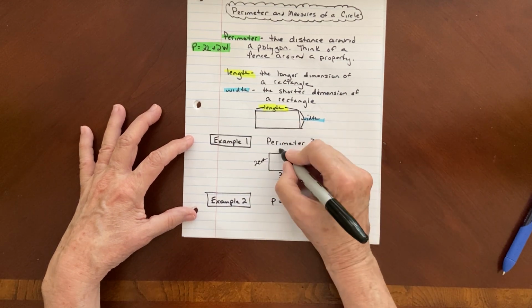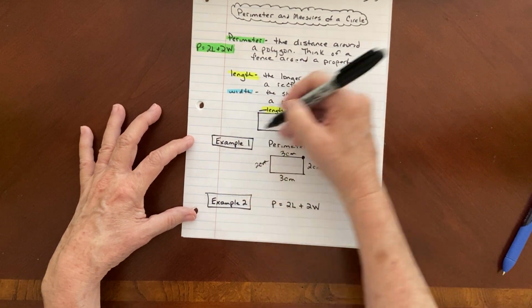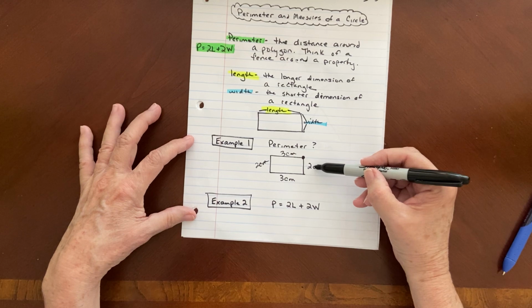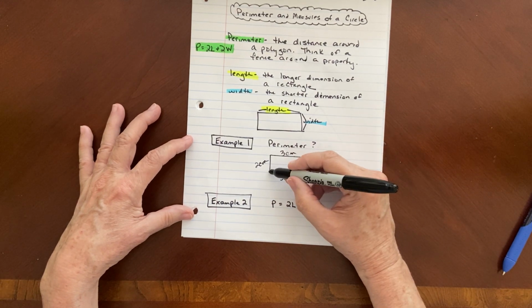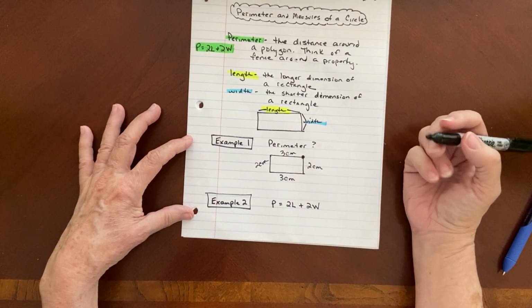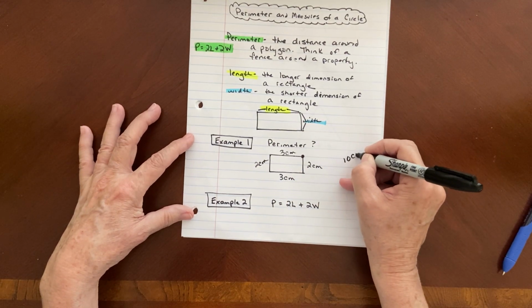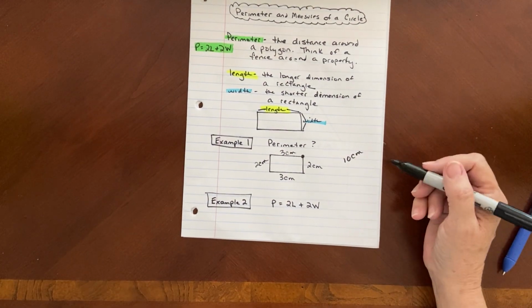And then this measurement and this measurement are going to be the same. So let's mark where we're going to start. We're going to go down and around. So I'm going to say 2 centimeters plus 3 centimeters. So that's 2 plus 3 is 5, 6, 7, 8, 9, 10, right? So that one is 10 centimeters. Okay, that was easy. I just added them up.